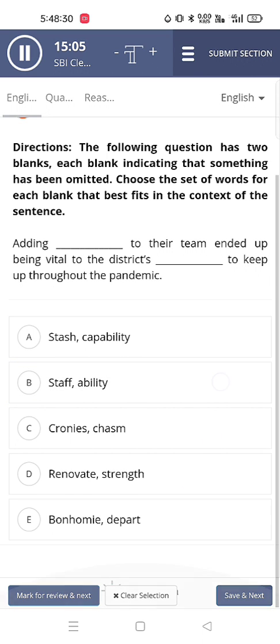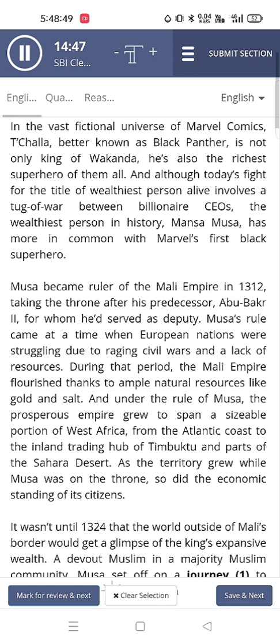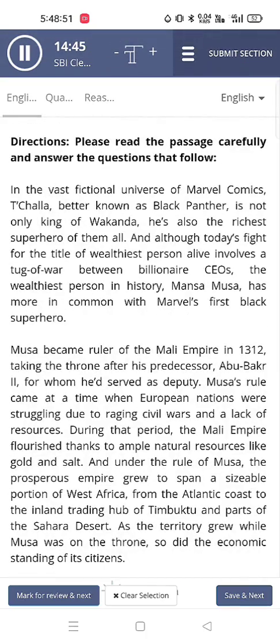It can be wrong. The previous question can be wrong, I think. Adding to their team ended up being vital to the district's dash to keep up throughout the pandemic. Adding staff to their team, being vital to its district's ability. It is right. Then there is RC.